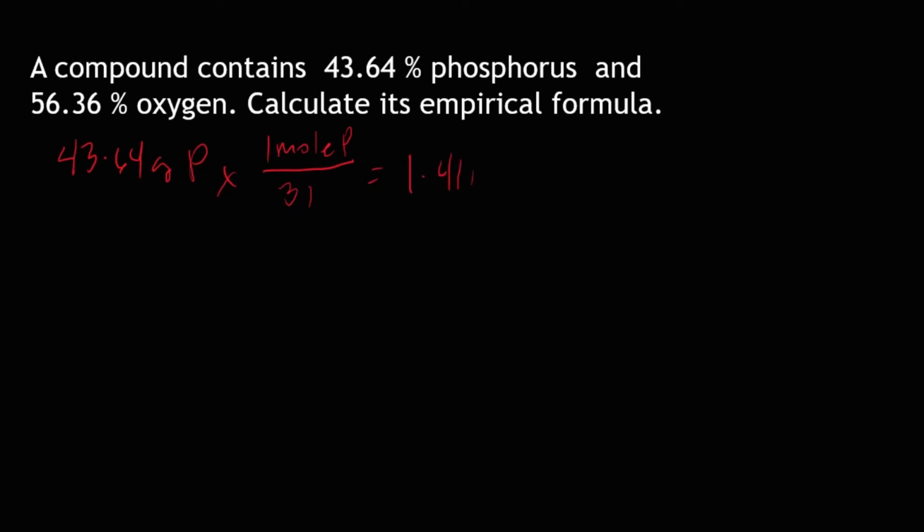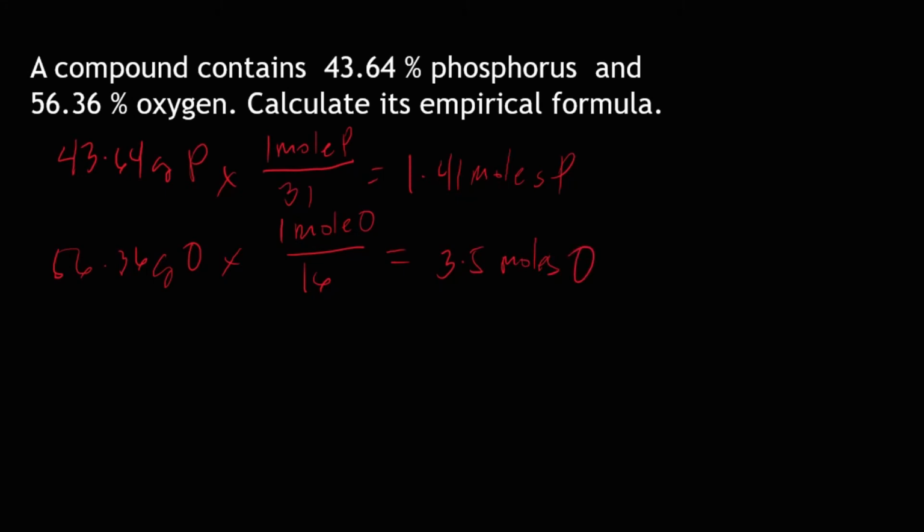This gives us 1.41 moles of phosphorus. Then the second one, oxygen: 56.36 grams of oxygen multiplied by 1 mole oxygen, with the molar mass 16 rounded off. This gives us 3.5 moles of oxygen.